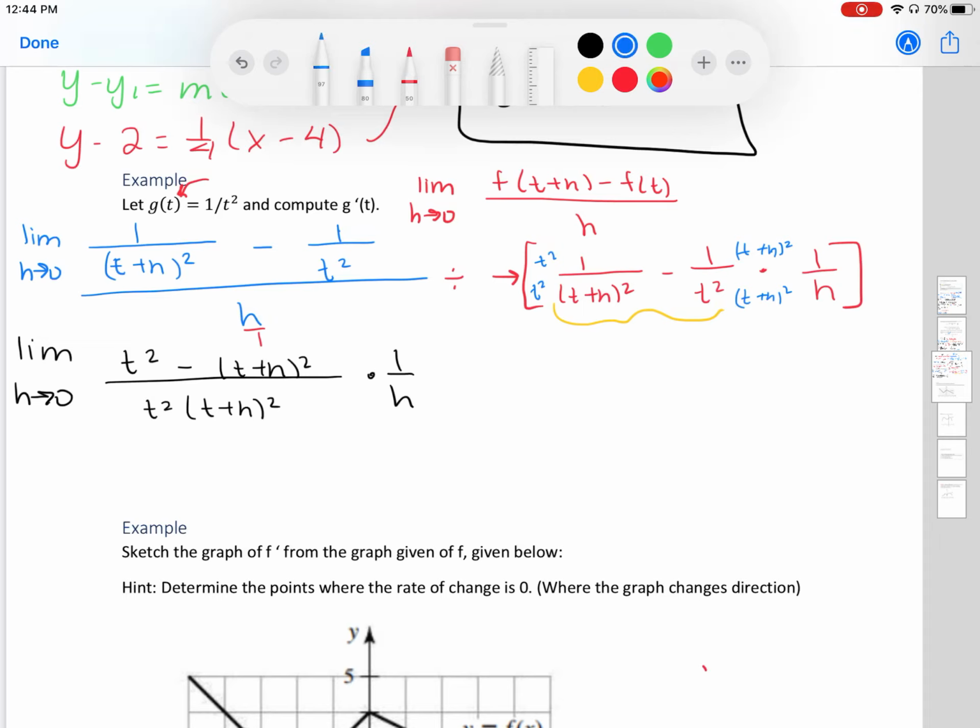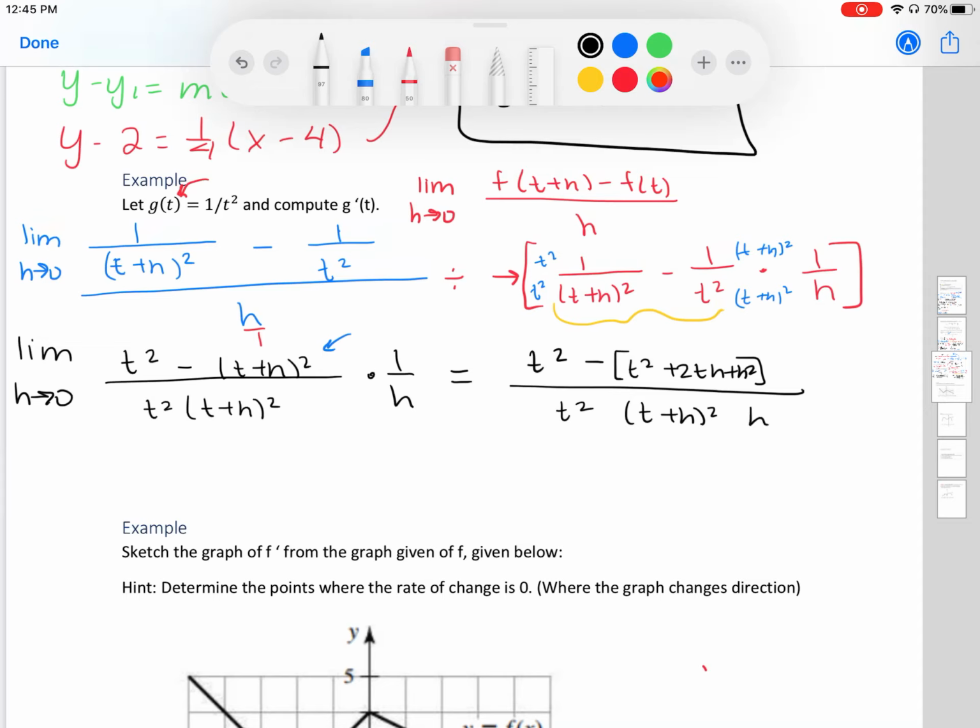Okay, let's work out our numerator and see what happens. Let's multiply that out. All right, so we're left with t squared minus t squared plus 2th plus h squared, all over t squared times t plus h squared.